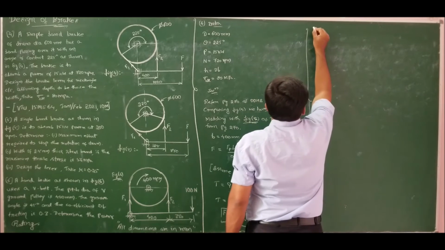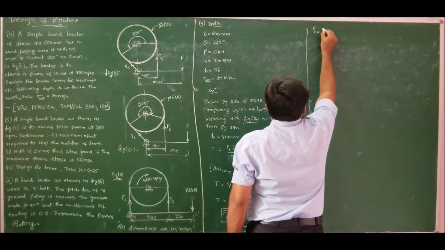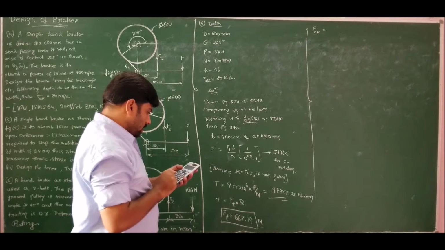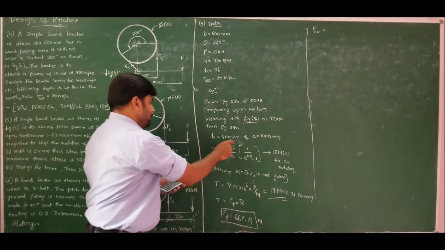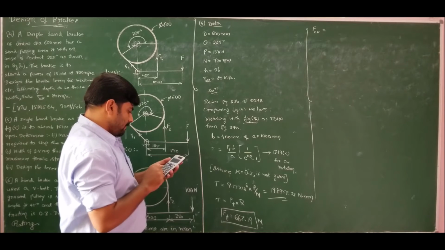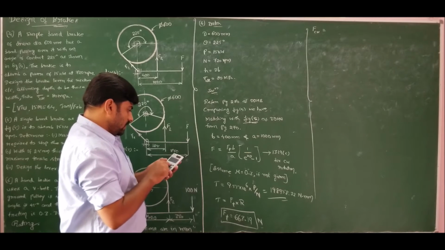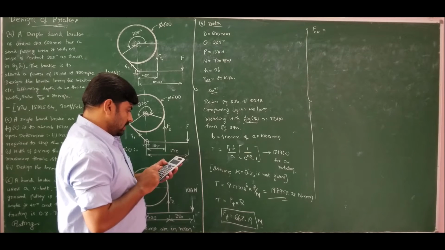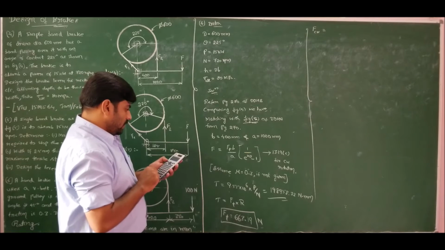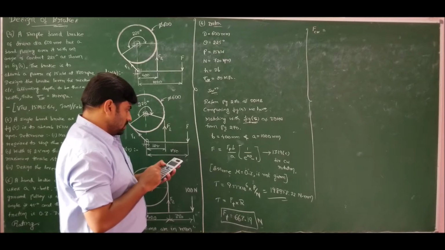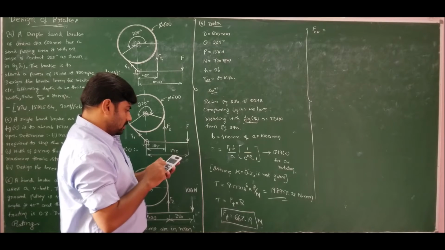If I solve, I will get the actuating force F for clockwise rotation as, we know the value of Ft, 663.19 into value of B is 400 mm divided by A is 1 meter, that is 1000 mm, multiplied by 1 divided by e to the power of mu, which is 0.3, into theta, which is 225 degrees, which should be in radians, so therefore it is 225 into pi by 180, minus 1.